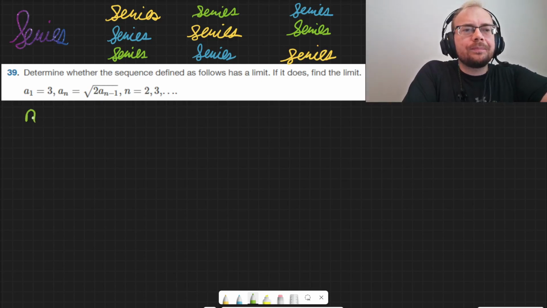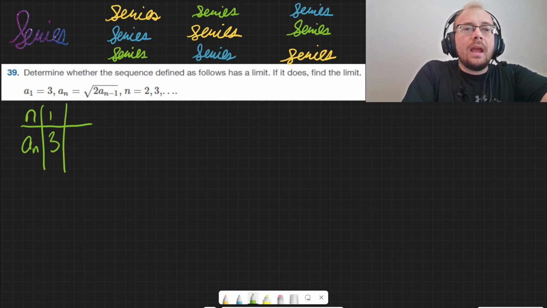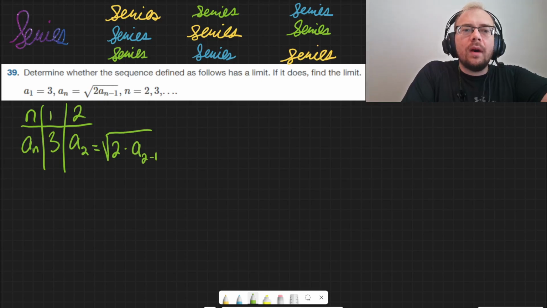So when n is 1, a sub n is 3, and then when n is 2, a sub 2 would be equal to the square root of 2 times a sub n minus 1, which would be a sub 1.